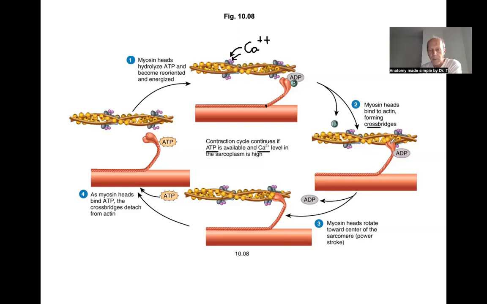So when the cross bridges are formed, adenosine diphosphate is still present, and we know that it is going to result in further breakdown, that we need to use more energy, as diagram number 3 tells us that now the myosin heads will rotate towards the center of the sarcomere, the M line.